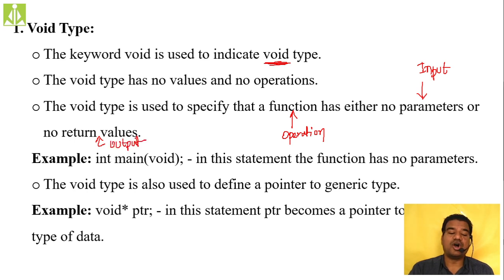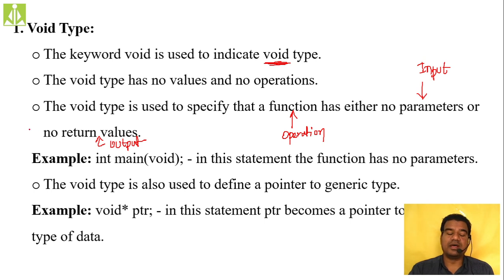The void type is used to specify that a function, a small operation, has either no input or no return values. Parameters are input, return values are output.